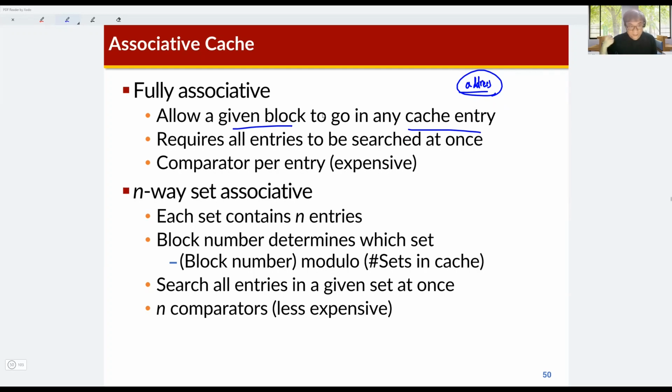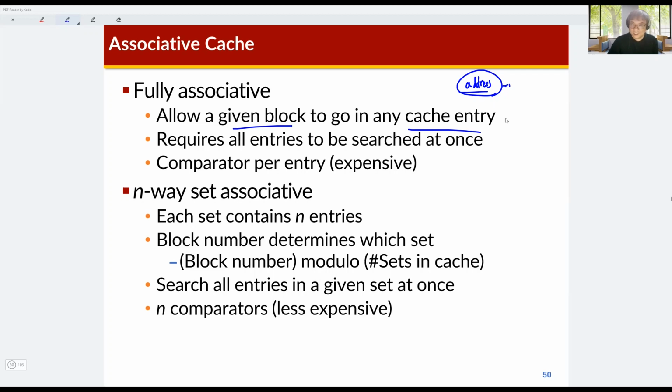We just ignore the index field and store any request data to any entry location inside of the cache. That's possible if we store the entire address of the data, right?